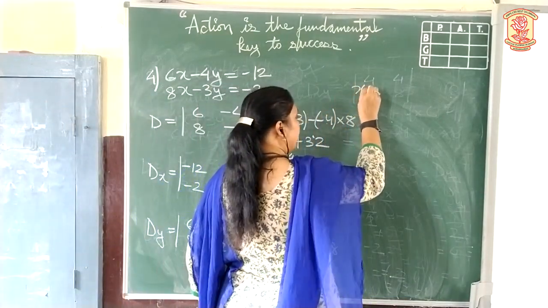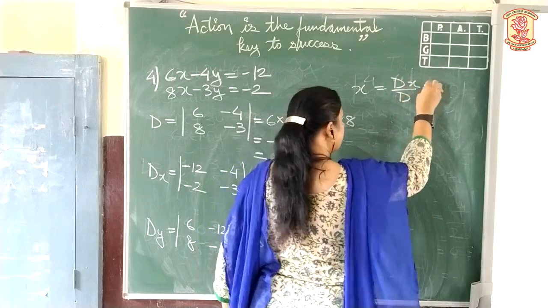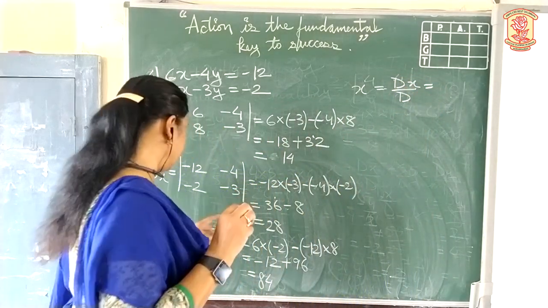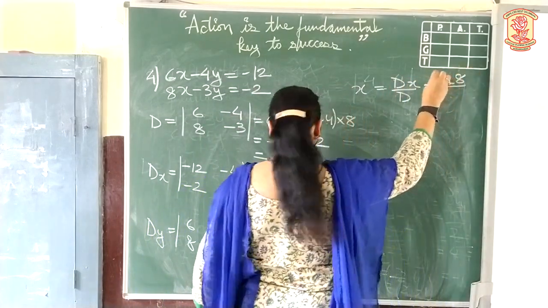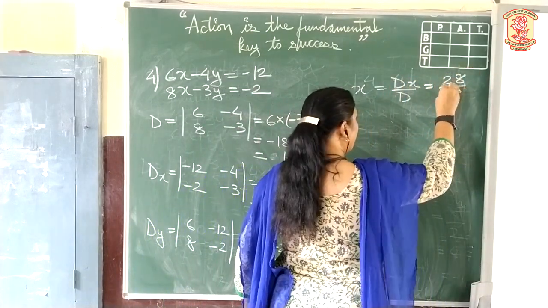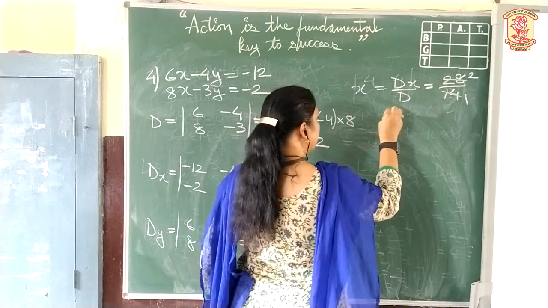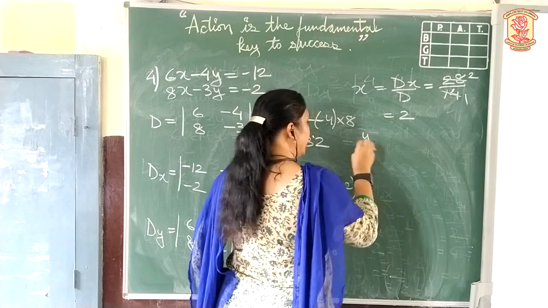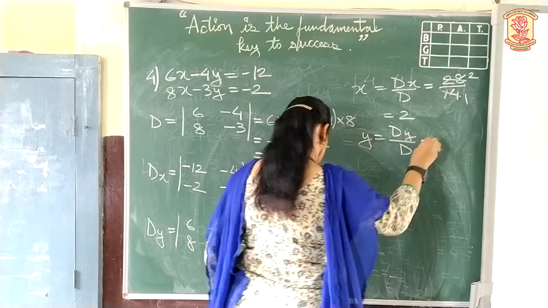Now we'll calculate x, that is dx upon d. So the value of dx is 28 and that of d is 14. So 14 twos are 28. So the value of x is 2. y is the determinant for y upon d.